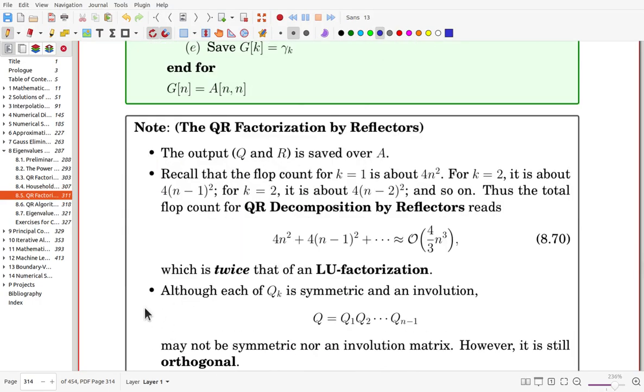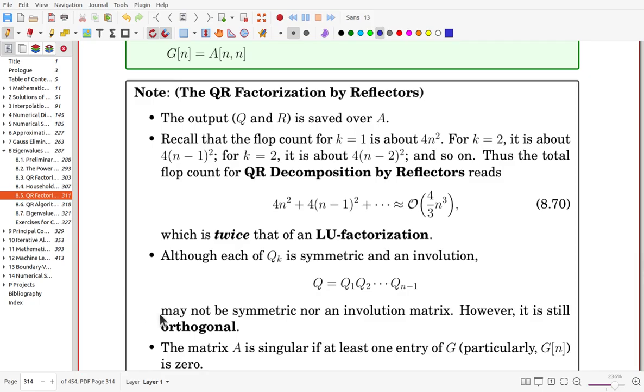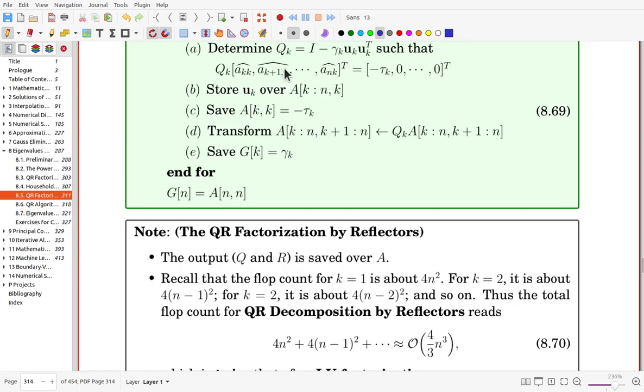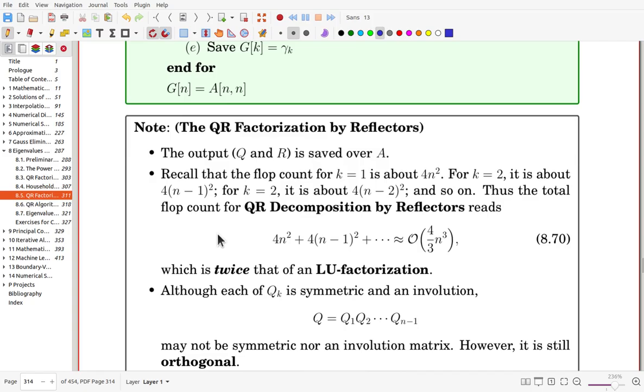Here we have the QR factorization by reflectors. The output is saved over A. The upper portion is just there, and eventually that must be R after the computation. Recall that the flop count for step 1 is about 4n squared. For step 2 it is about 4 times n minus 1 squared.